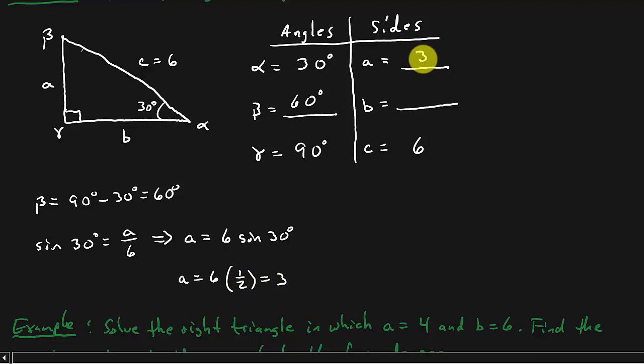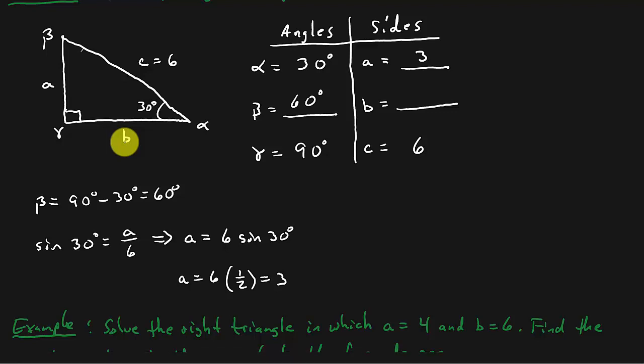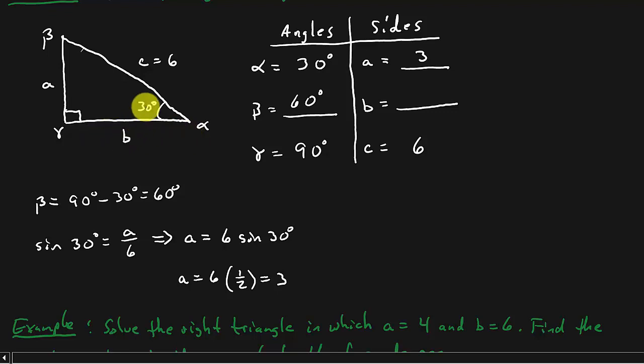Now we need to find the length of side B. I could use the Pythagorean Theorem, or I could use the fact that I know alpha is 30 degrees. This is the side adjacent and the hypotenuse. So we know cosine of 30 degrees is adjacent over hypotenuse, and this is B right here.